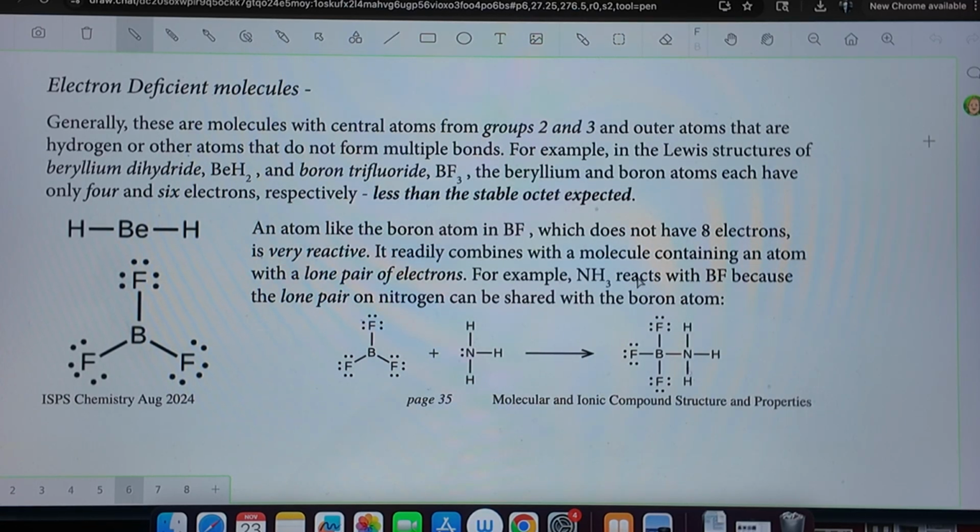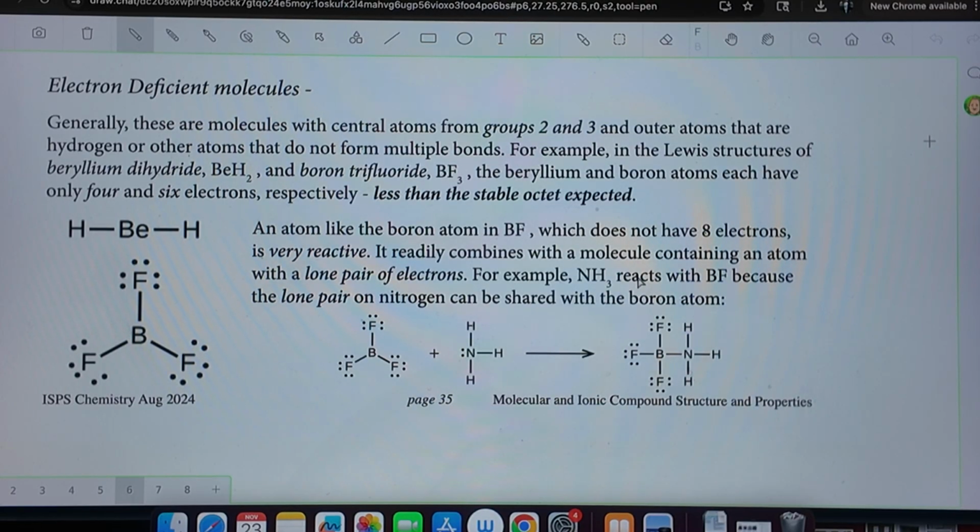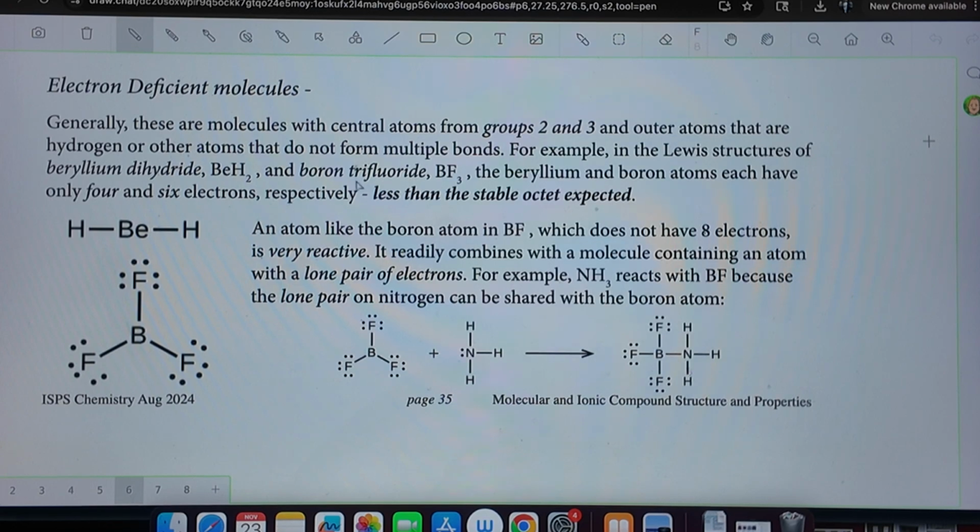The beryllium and boron each have only 4 and 6 electrons, respectively, less than the stable octet expected. An atom like the boron atom in BF3, which has 6 electrons, is very reactive, and so it readily combines with a molecule containing an atom with a lone pair of electrons.